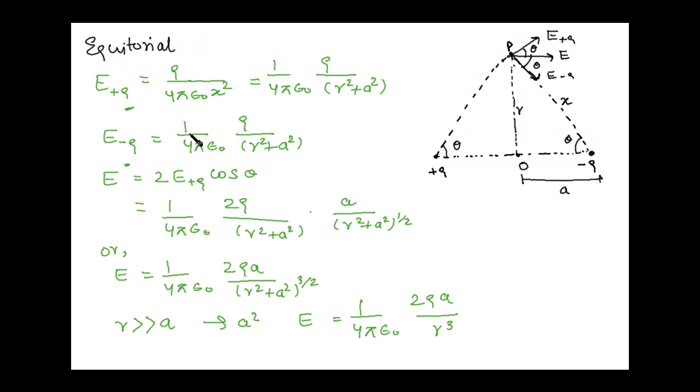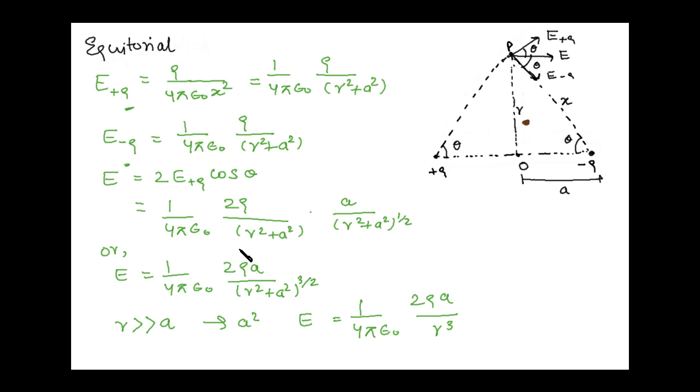Now we will calculate the electric field due to dipole for points on equatorial plane of the dipole, that is on the plane perpendicular to the dipole axis through its center. Let P be any point on the equatorial plane such that its distance from midpoint O of the dipole is r.